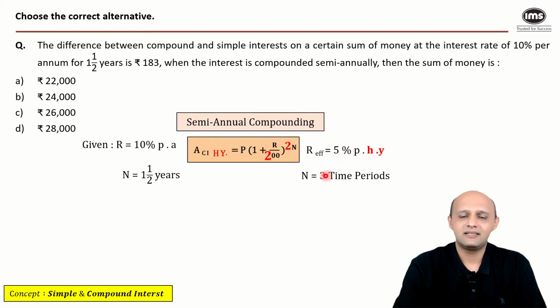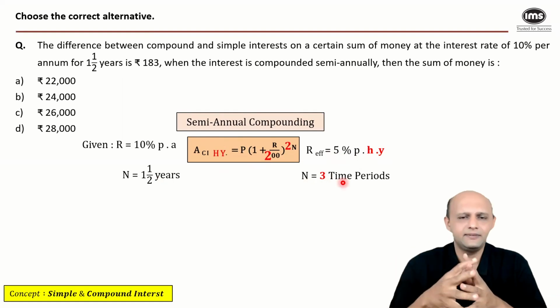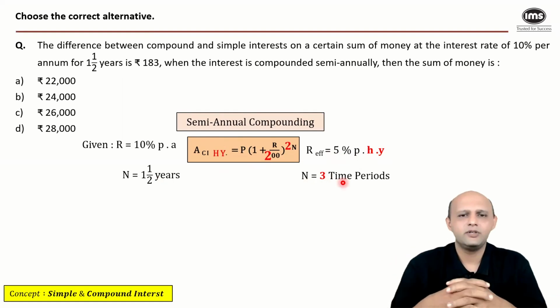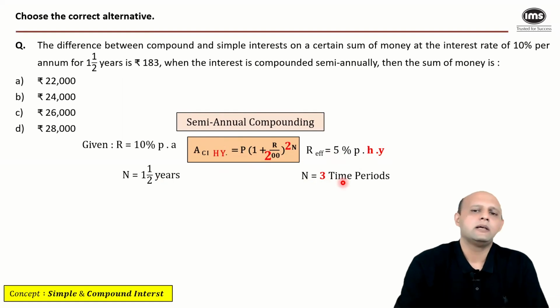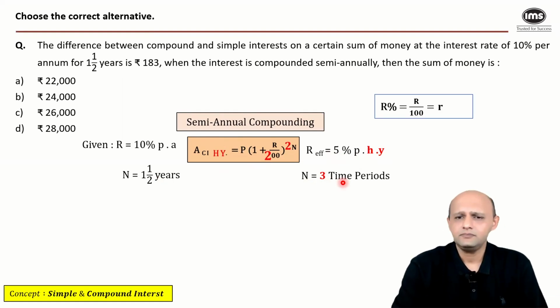And the time period would be 3 time periods. So though it is 18 months, it is going to be 6, 12, and 18, making it 3 time periods when you pay the interest, or when you're repaying the loan. Now, what is the rate of interest? R percent, which is R by 100, which is equal to small r in terms of a fraction.